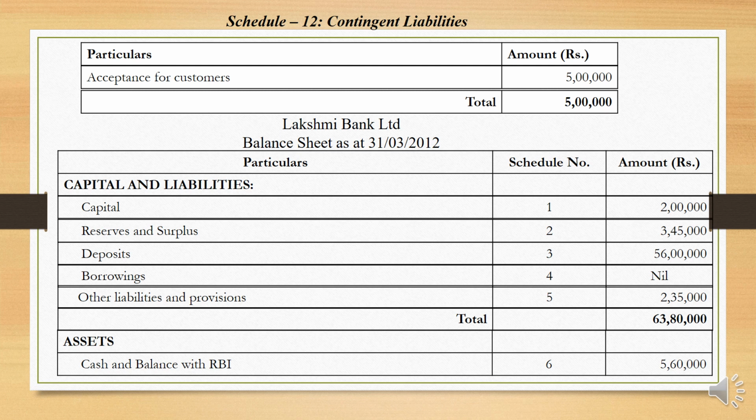Now let us prepare the balance sheet. Look at here, schedule number 1 2 lakh, schedule number 2 3 lakh 45,000, schedule number 3 56 lakh, schedule number 4 0, other liabilities and provisions 2 lakh 35,000. Hence we got a total of 63 lakh 80,000. Then on the asset side, cash and balance with the Reserve Bank of India 5,60,000.